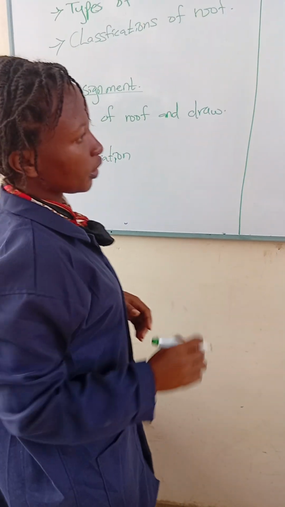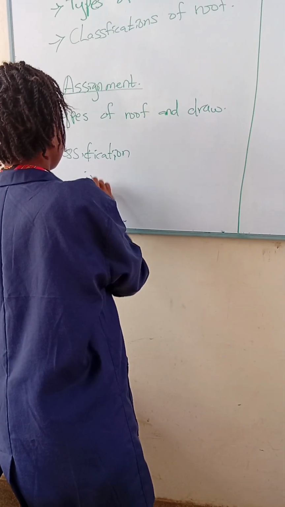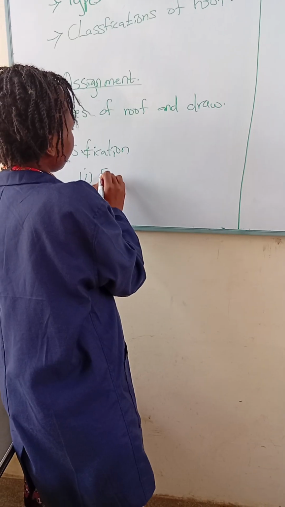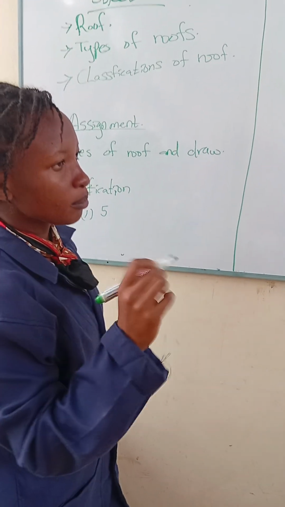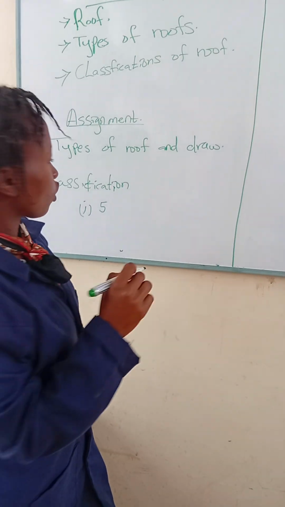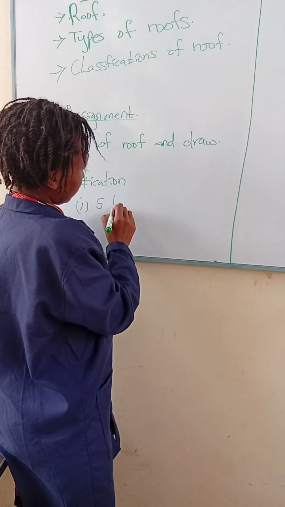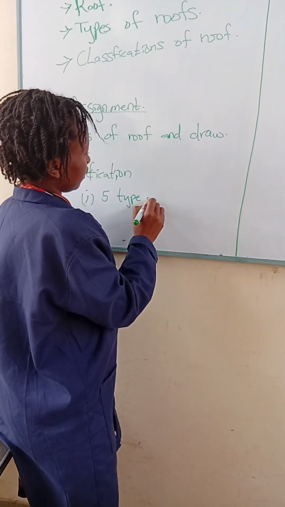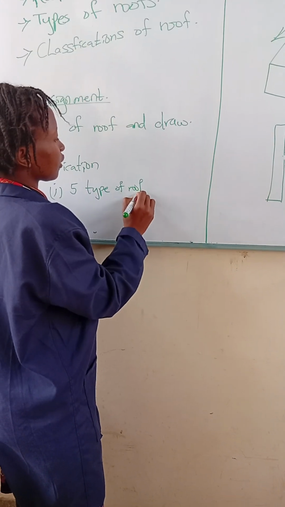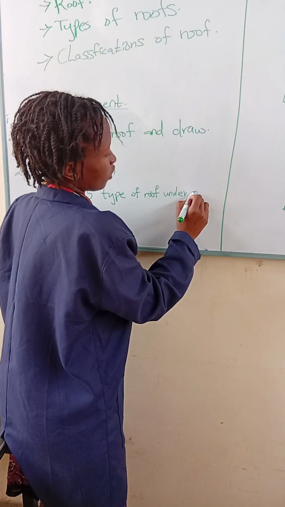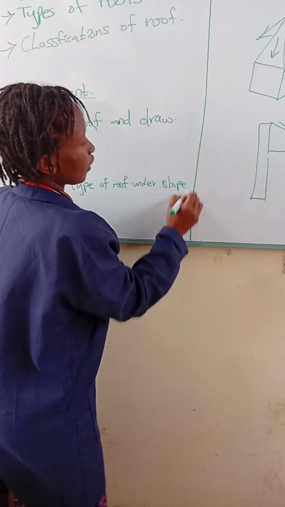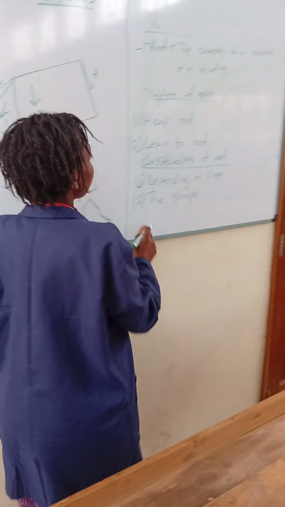I want you to go and do number 1, 5 types of roofs under the slope. Then we have the shape.